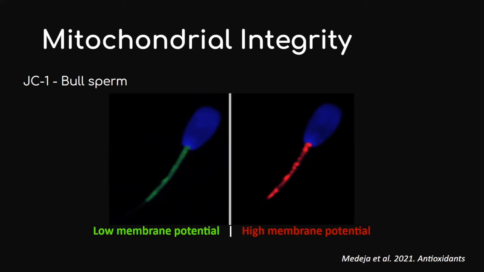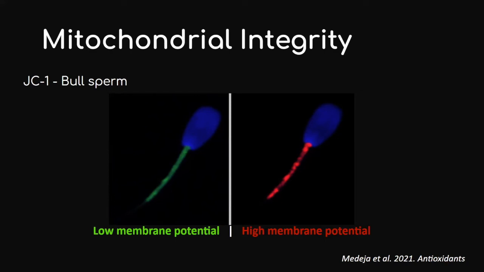And so in this case, this stain is called JC-1. This is an example in bull sperm. And the stain actually changes the way it fluoresces based on the membrane potential of the mitochondria. And so in a healthy sperm, you'll see mitochondria with a high membrane potential.